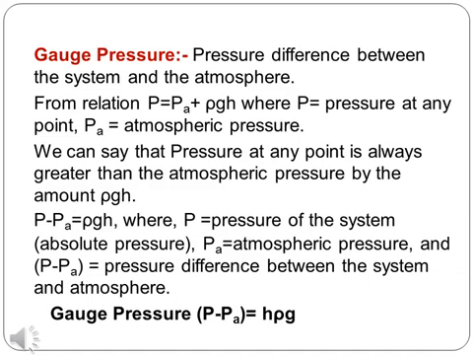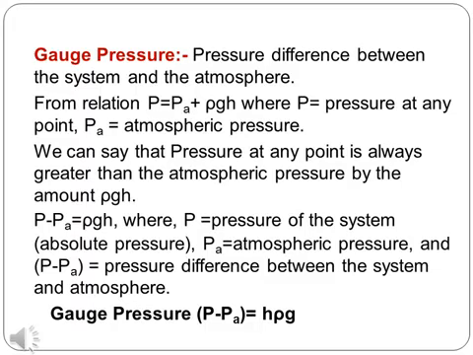Then it is mathematically equal to h rho g, that is P minus PA is equal to h rho g. So we can say that gauge pressure is the pressure difference between the system and the atmosphere.